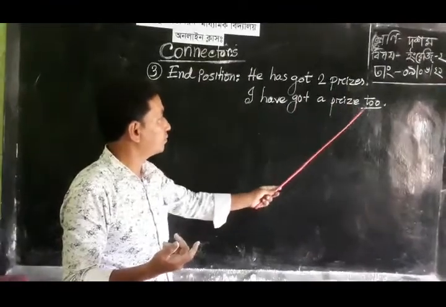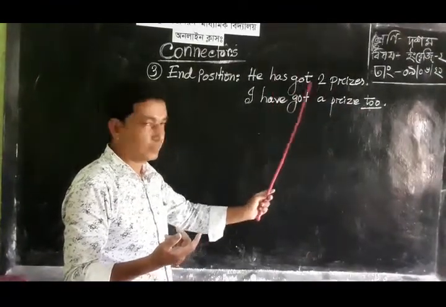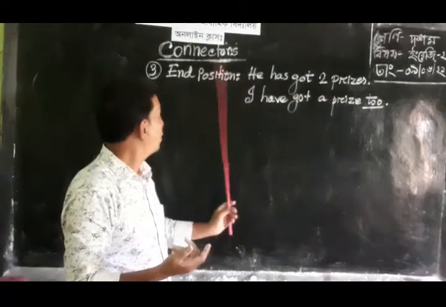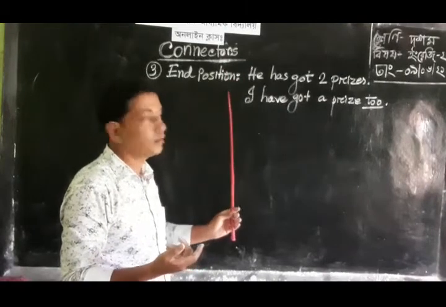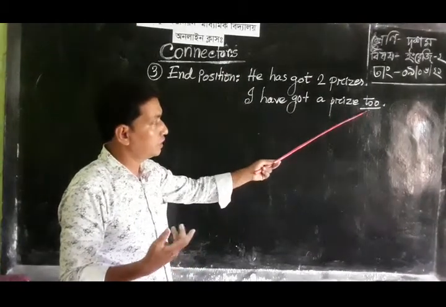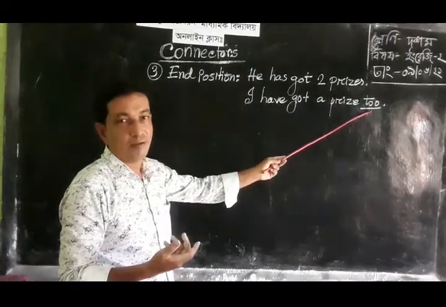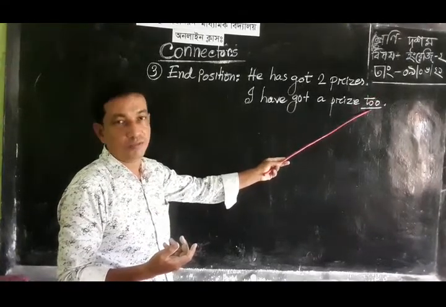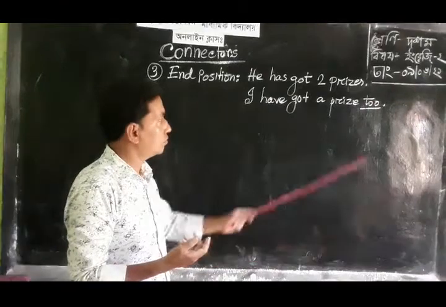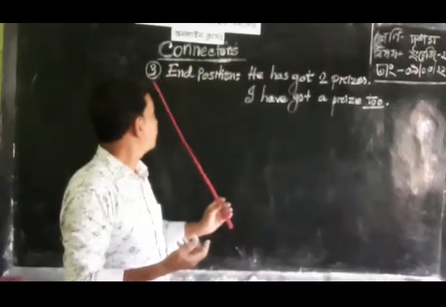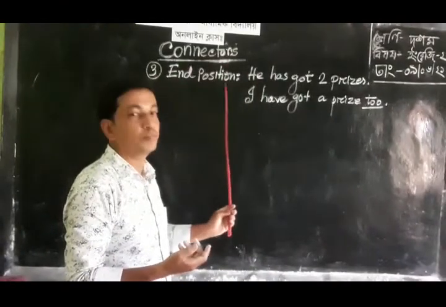Okay, learner, it connects with the first sentence, and so it is called end position, because "too" is situated at the last position of the sentence. So "too" is called a connector of end position.